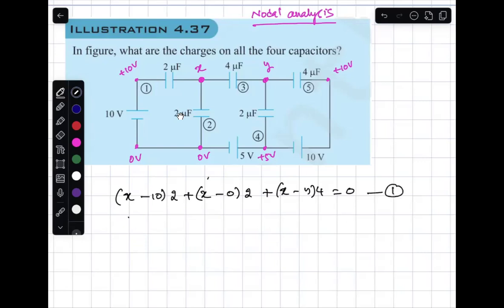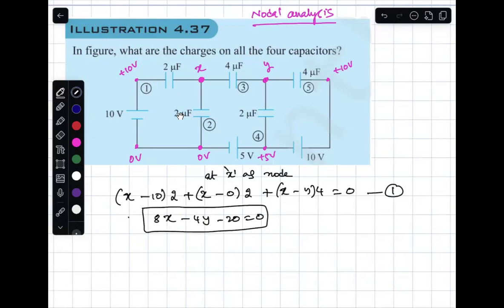Equation 1 at X as node. Now, can you please help me in finishing this? 2x, 2x, 4x, 8x, minus 4y, minus 20 is equal to 0. Boys and girls, are we clear?